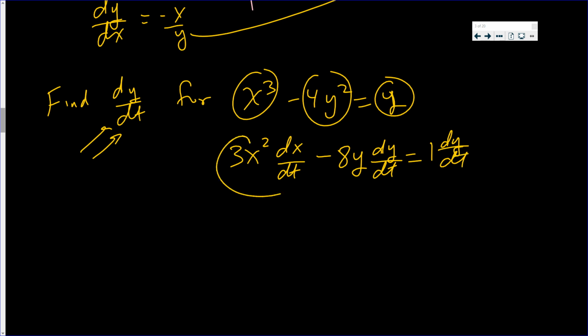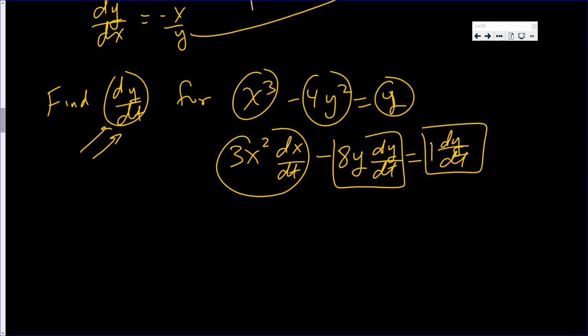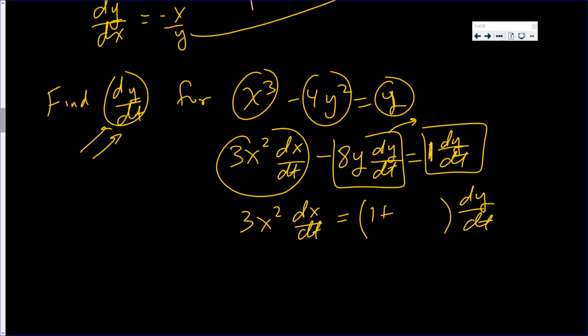So we have 3 terms. 2 of them have dy dt, which we were asked to find. So let's bring that over. So the left side is 3x squared dx dt, and the right hand side, by design, we're going to have dy dt factored out. We have one of them, and we're bringing over negative 8y as plus 8y.